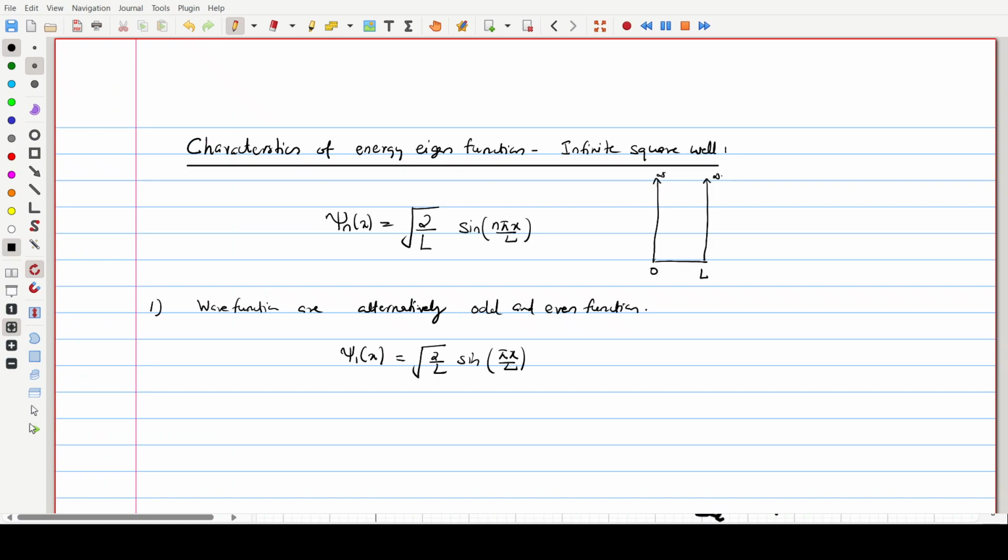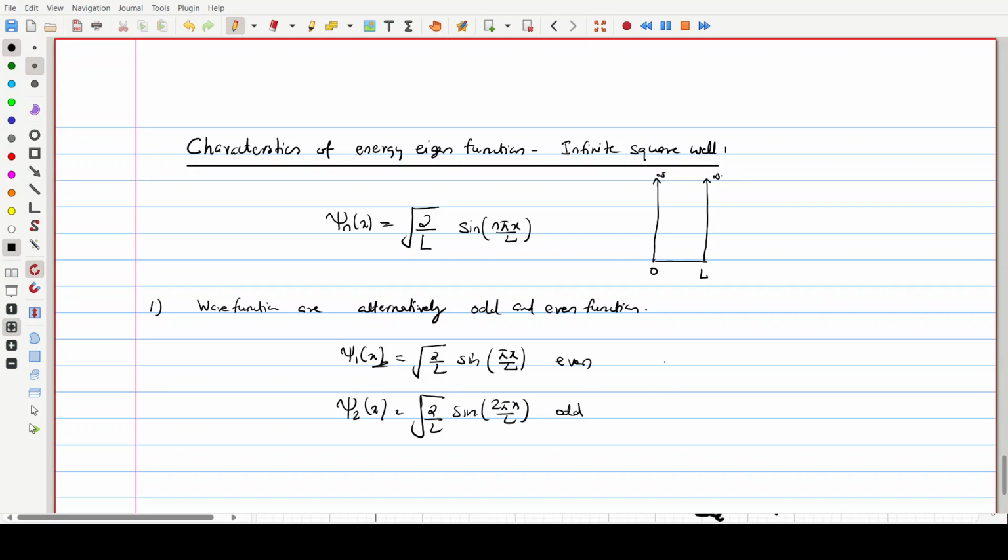Now we can go back to our original discussion. So this is what we have discussed so far. The wave functions are alternately odd and even functions. So psi 1, psi 2 of x, which is root 2 by L sine 2 pi x by L. So this is an even function, this is an odd function.